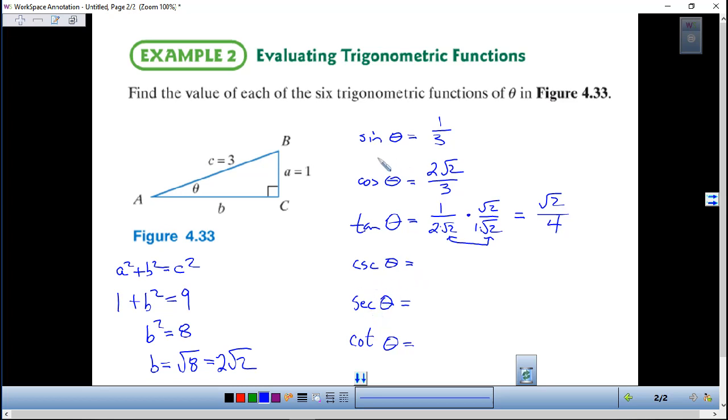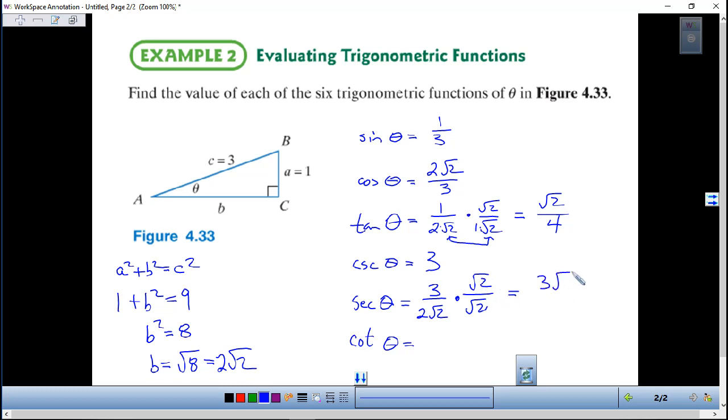Alright, cosecant, once again, is the reciprocal of sine theta. So that's going to be 3 over 1, or just 3. The secant is the reciprocal of cosine, so we end up with 3 over 2 roots of 2. Once again, we've got to rationalize that denominator.